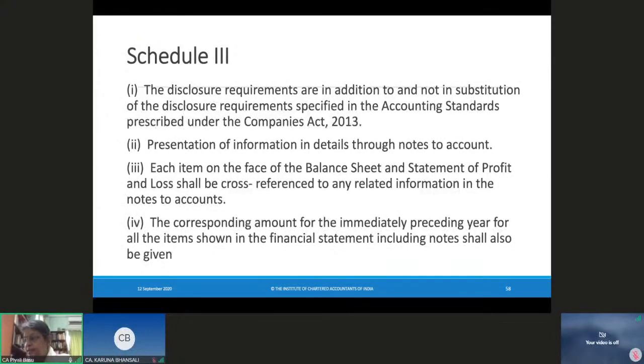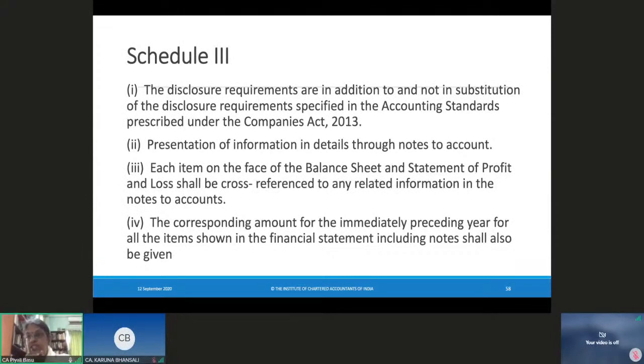Okay, in the same form and manner as guided by the law, which is Schedule 3 now. For all practical purposes, it has to be Schedule 3, whether we follow Ind AS or not. That's a separate issue, but it has to be dealt with as per the Schedule 3 format and form, and applicable accounting standards.